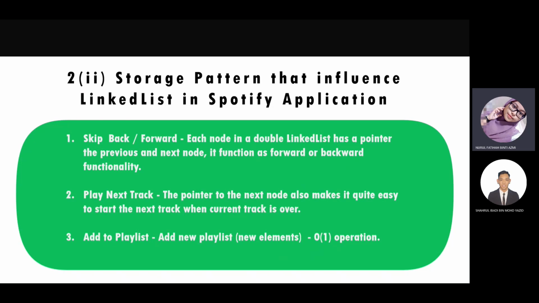And second, play next track. The pointer to the next node also makes it quite easy to start the next track when the current track is over. And the third, add to playlist. Adding a new element to the playlist is an O(1) operation.